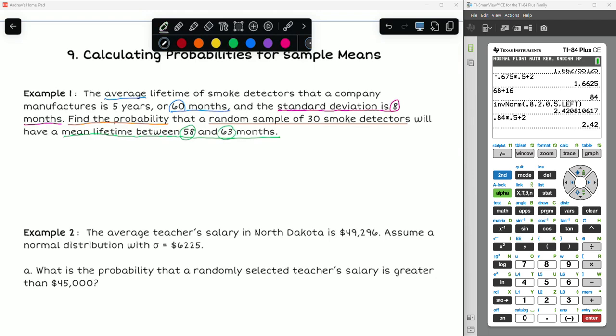Let's organize what we're given. My data value of interest is the mean lifetime of a smoke detector for a sample of size 30.